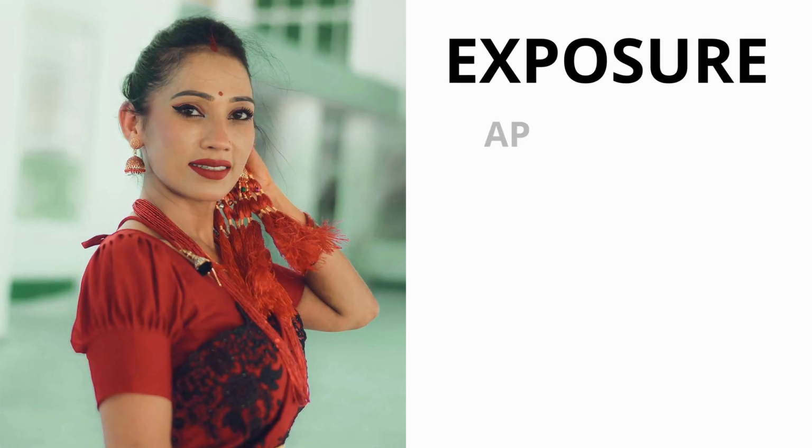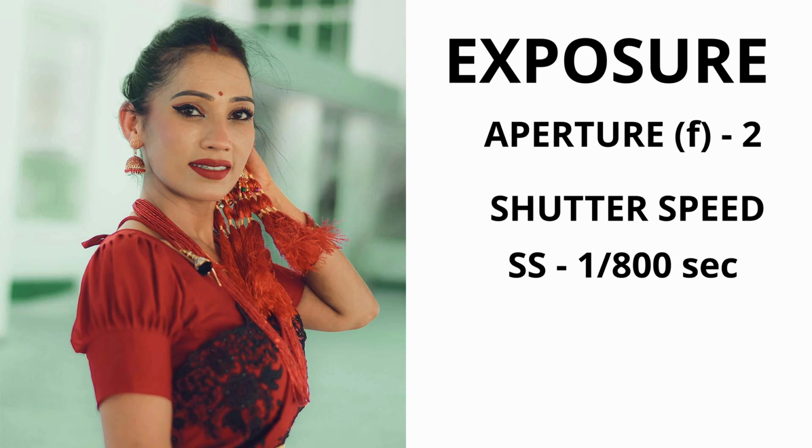All of this combines to produce an exposure like the one in the picture. The aperture is f2, resulting in the shallow depth of field and the soft feel of the photo. The shutter speed is 1/800 of a second, meaning that I could take the photo comfortably without motion blur, and the ISO is only 100, which has resulted in very little noise.